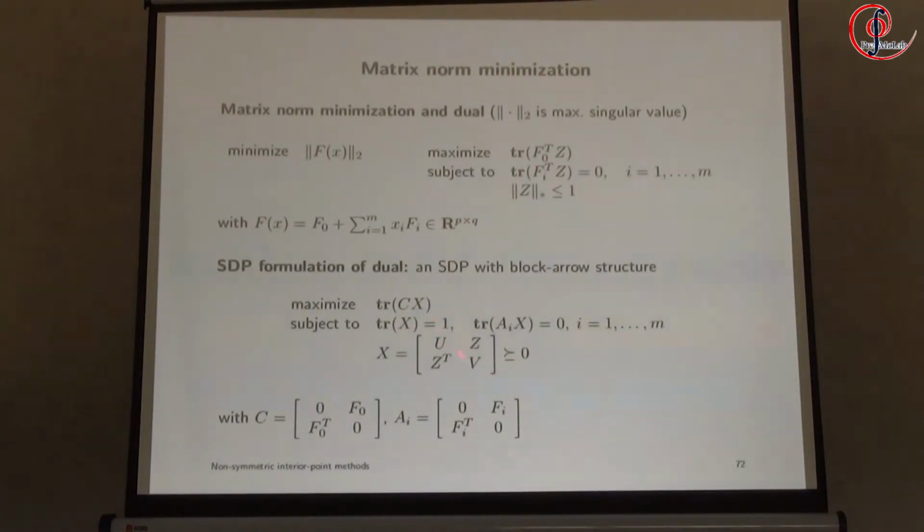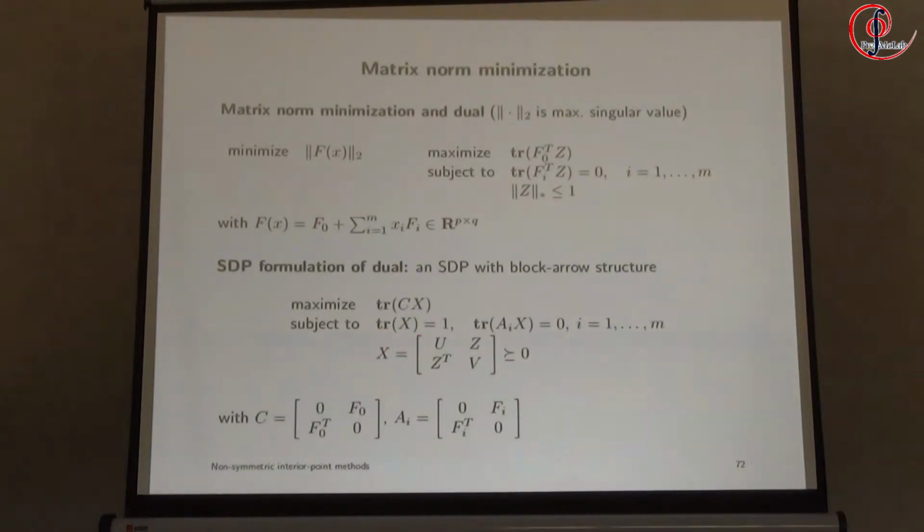The rest we call U and V, just a big matrix X. You have equality constraints, for example, with these matrices A_i and C. So for this choice of C and this choice of X, trace(CX) is 2 times this objective.